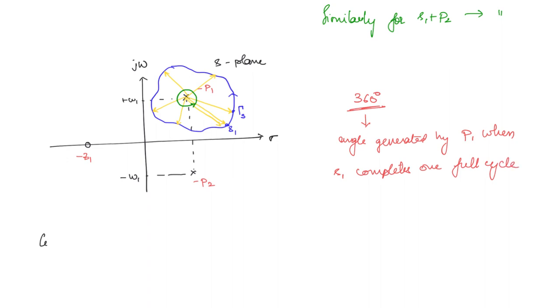So what is the conclusion here? A pole or a 0, we could have taken a 0 also, right? Here we could have taken a pole and here we could have taken two zeros.